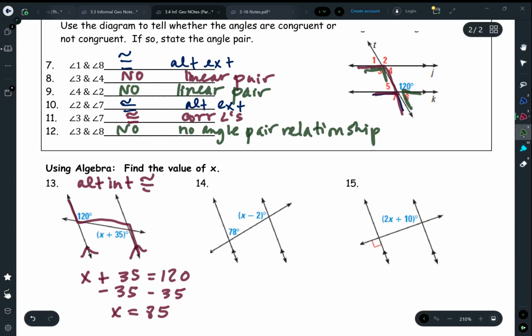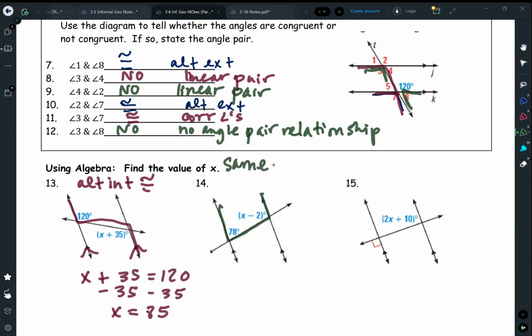On the next one, when I look at the kind of angle pair I have, a C shape. They're next to each other on one side of my transversal, so they're going to be same side interior. And I know that my same side interior are supplementary. So that means if I take x minus 2 and I add 78, I get 180.